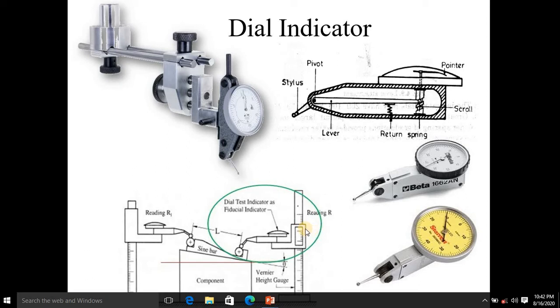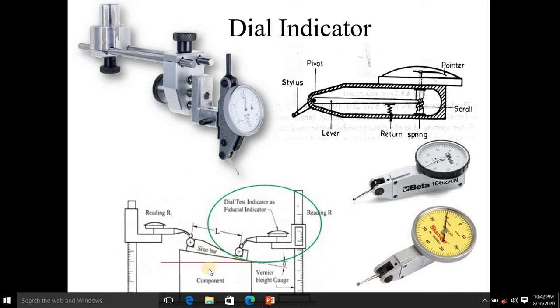The dial indicator is also used in the case of angle measuring instruments. Look at this. This is a component which is generally bigger in size than the sine bar. In this case, the sine bar is placed on the job in the inward or reverse direction.